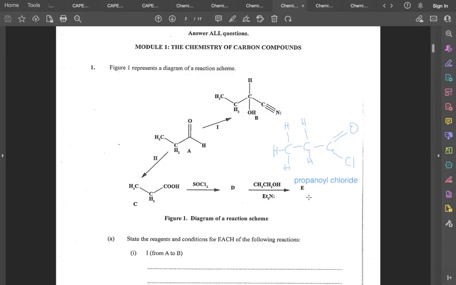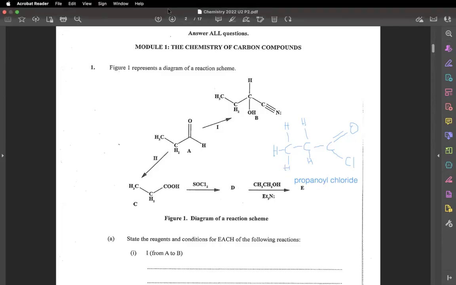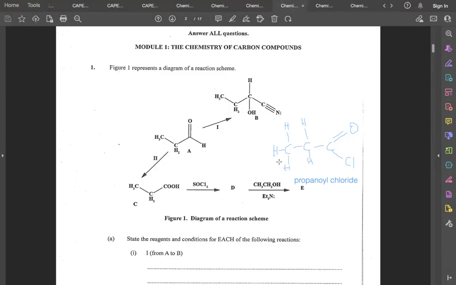All right, so that's propanoyl chloride that we're going to get for D, right? So that's correct. So that's what would be in here, right? And then now we're going to react this with alcohol under these conditions, right? Triethylamine is this thing down here that we're combining.